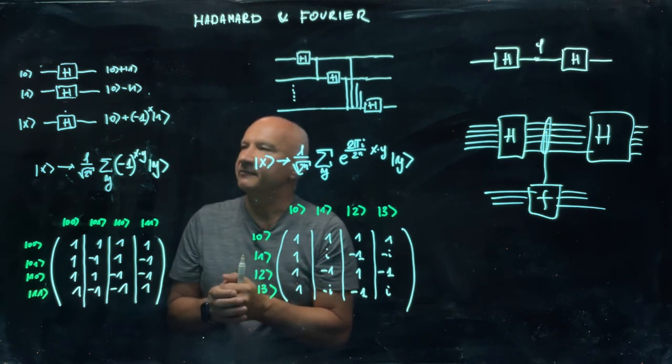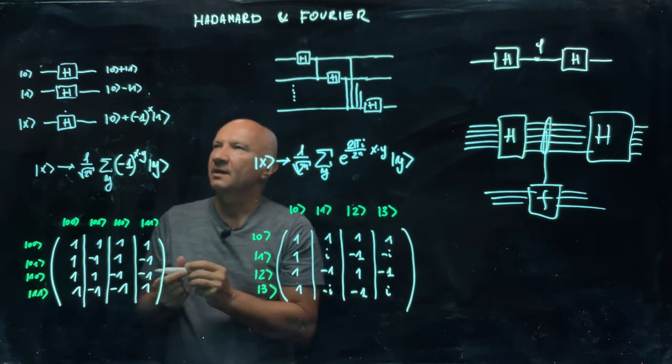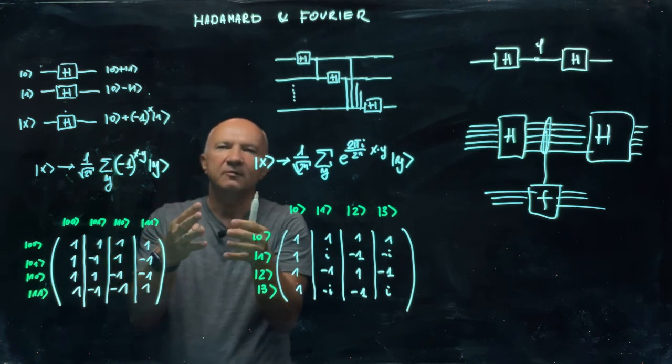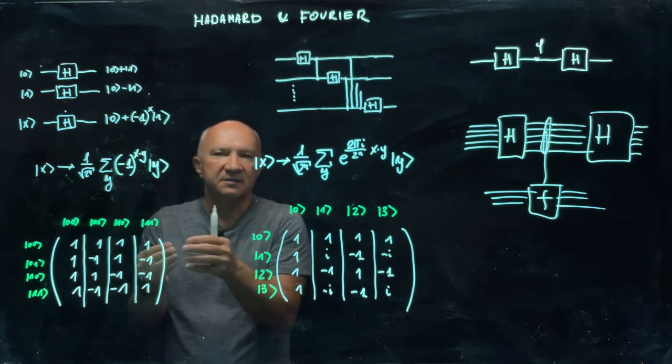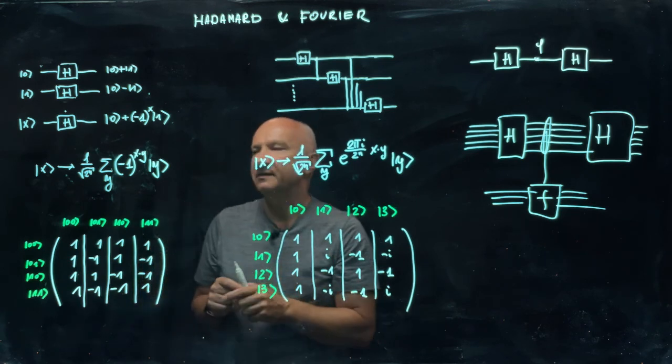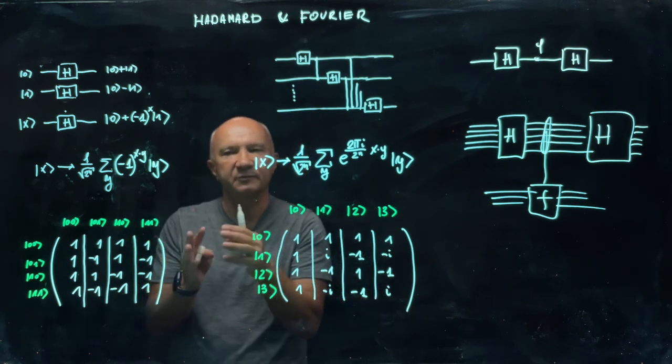When you start with all qubits in state 0, you have equally weighted superposition of all possible binary strings that you can have. Now, of course, when you act on qubits and some of them are in state 0 and some of them are in state 1, then you have to be careful because some of the terms will have a minus sign.